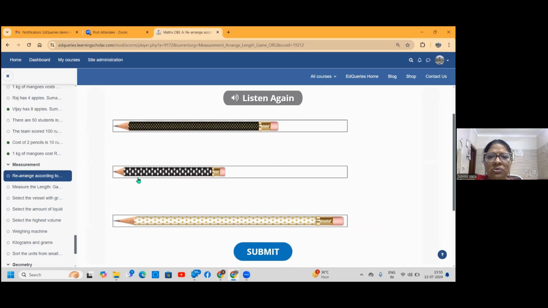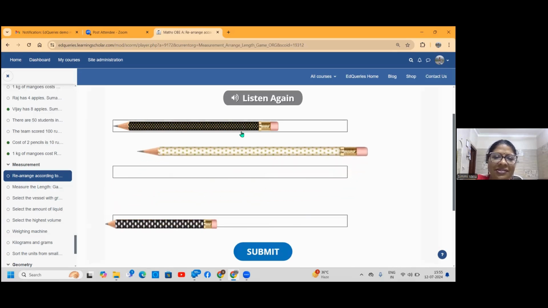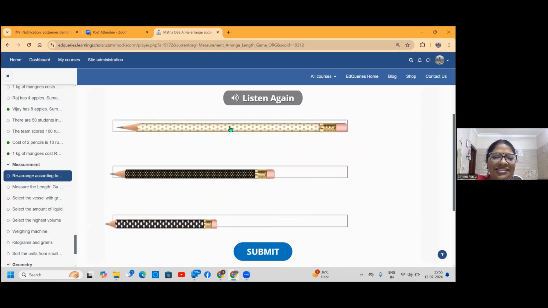Rearrange the objects so that the shortest is at the bottom. Now it's very easily visible, and the way the lengths of the pencils have been made, it's very easily visible to the child which is the shortest and which is the longest.